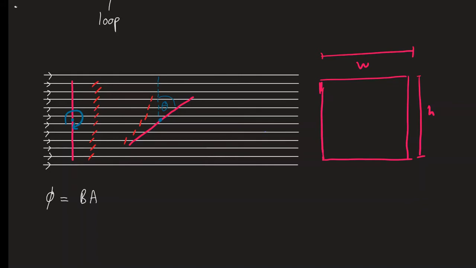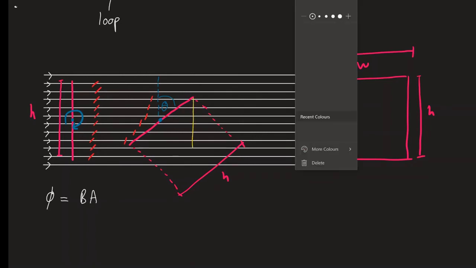We can see on this picture here, if we extend out some dashed lines, that that's h, right, if that was also h. What would be more helpful to focus on is the area that the field lines actually pass through. So we'll draw what we might refer to as an effective loop behind this.